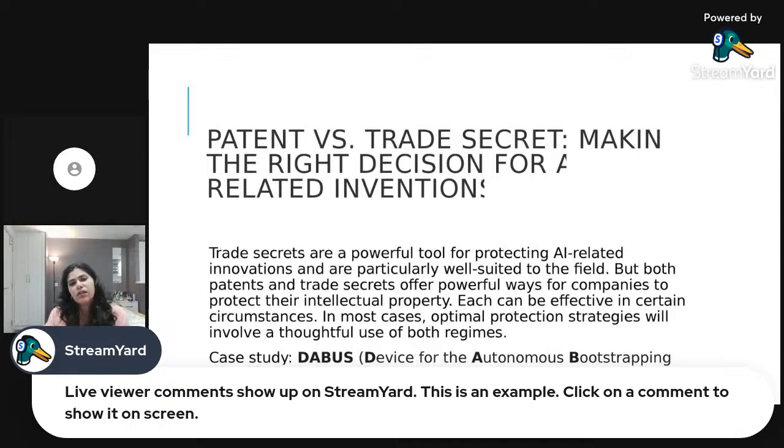At the same time, the company can also maintain as a trade secret certain manufacturing techniques or other innovations within the product which are not generally known. Then there are other strategies in which a company can keep technology as a trade secret while also applying for patent protection by seeking non-publication of its patent application.